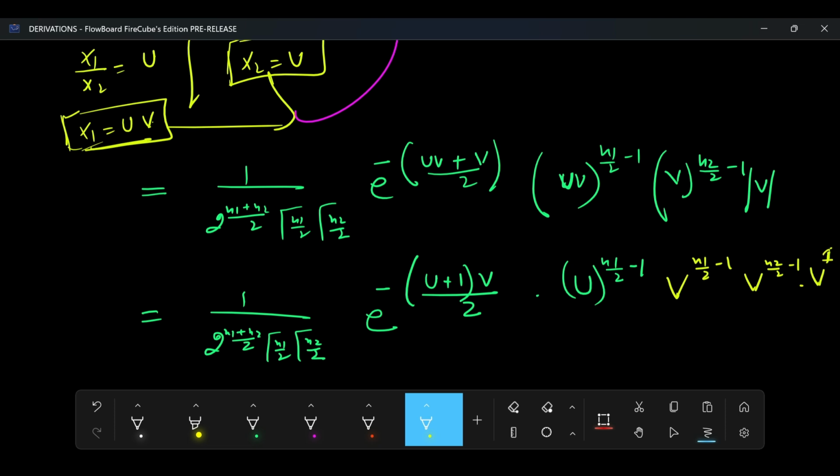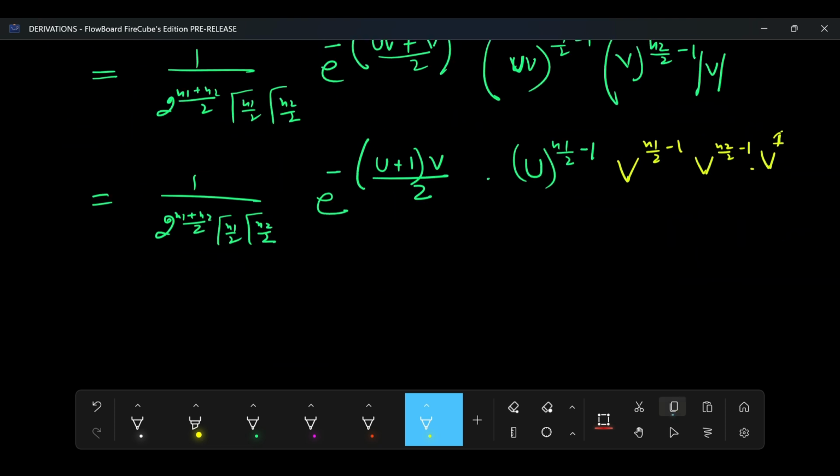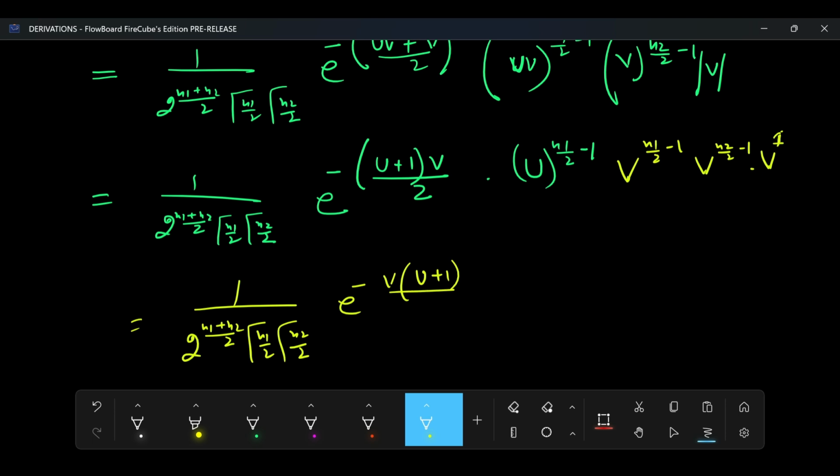This is v to the power 1. So what will we get now? This is 1 upon 2^((n1+n2)/2) Γ(n1/2) Γ(n2/2) e raised power minus v(u+1)/2. So this is u^(n1/2 - 1) and this is v^(n1/2 + n2/2 - 1).